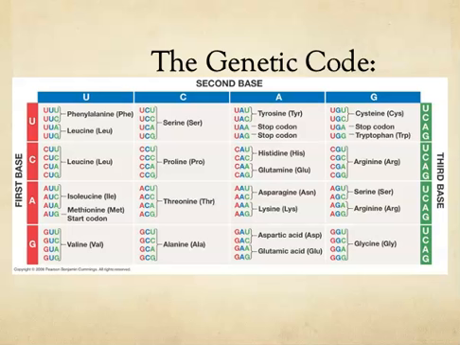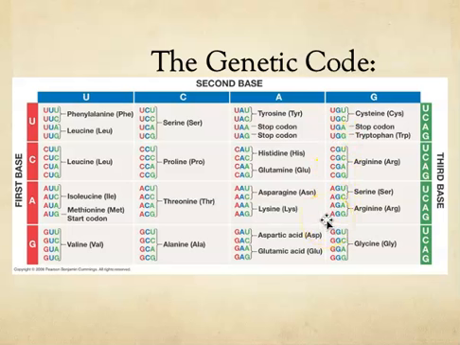The genetic code table shows us every possible combination of codon, every single possible combination of 3 of the 4 bases that are found in RNA: A, U, G, and C. Each individual codon codes for a specific amino acid.